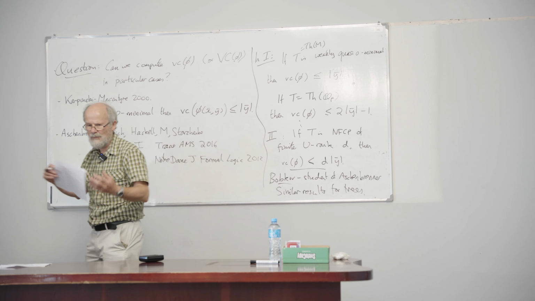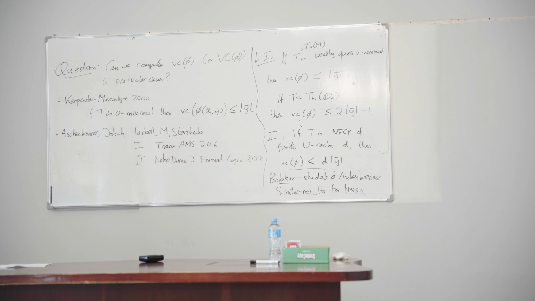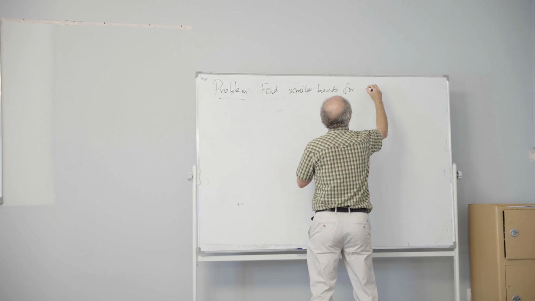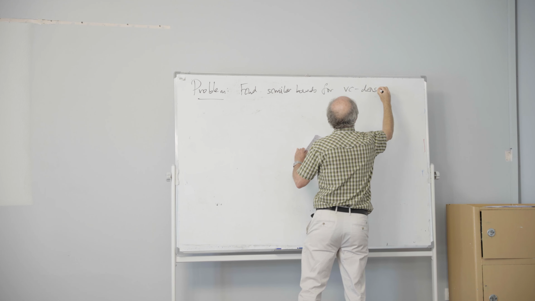But the one question I wanted to ask was, find similar bounds for VC density in o-stable theories. So, obviously, I don't really know about o-stability.